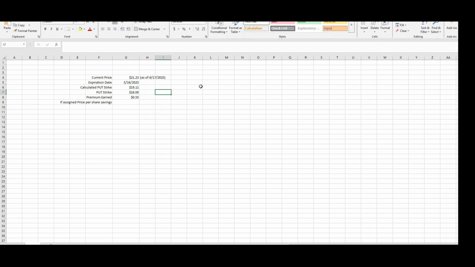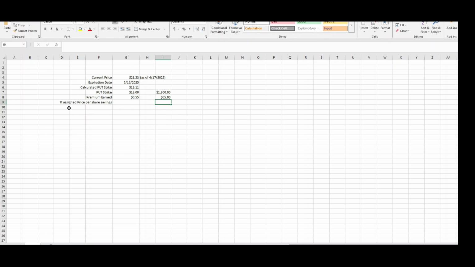It would be $18 times 100, so $1,800 you would have to have in your account to cover the possibility of you being put those shares. How much premium will we earn? Well, again, that's going to be that 55 cents times 100, $55.